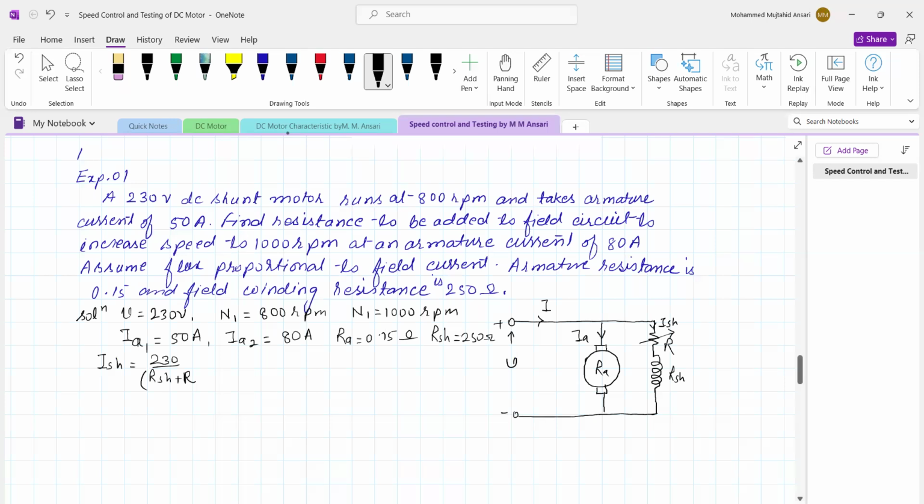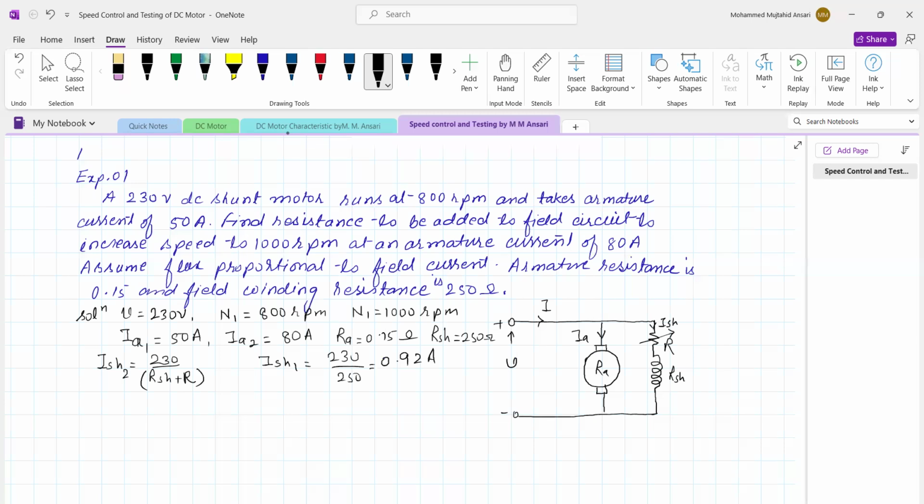So this is case 2 when the external resistance is connected. Whereas in case 1, ISH1 is equal to 230 rated voltage divided by 250. So it is 0.92 ampere. Initially there is no resistance in series with the field winding.